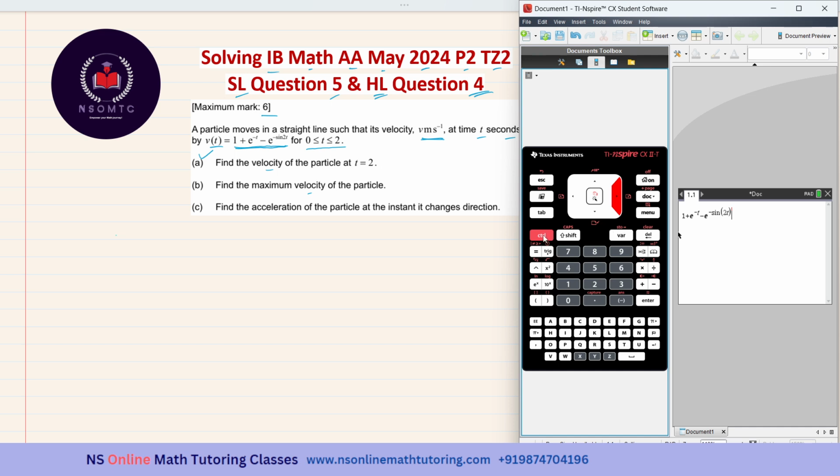So I have to press this control button first and then this bar. And I'll be naming it as v of t. Enter. Done.